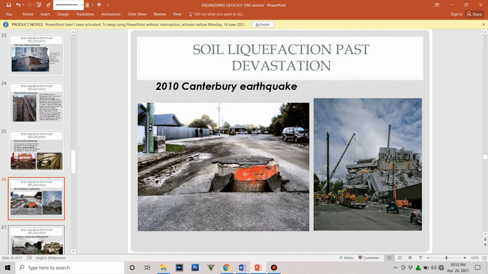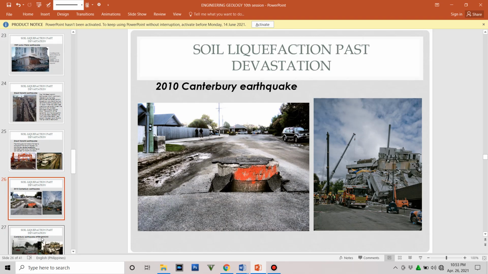So we also have the 2010 or mas recent to, no, 2010 Canterbury earthquake. So this occurred last September 2010. The Canterbury region was struck by a large earthquake causing 185 deaths or casualties.